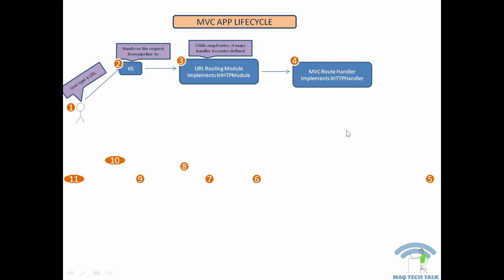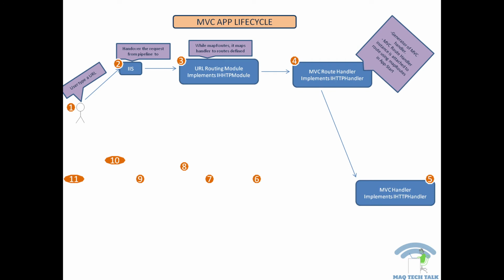Now what does the MVC route handler do? It generates the MVC handler, which is actually the core of all these 11 steps, and its instance is attached to the route using MapRoute. Then it transfers the flow to the MVC handler, which is again an implementation of IHttpHandler.